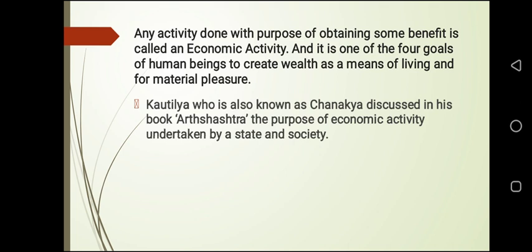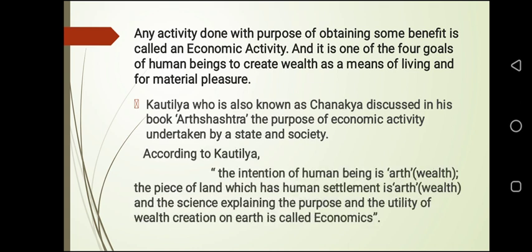Now from this we can say, again 2500 years ago, the man named Kautilya, also known as Chanakya, you are very well aware of him, has discussed in his book Arthashastra the purpose of economic activity, how it has been taken by society. Now let's see the definition which he has given. According to Kautilya, the intention of human being is nothing but artha.